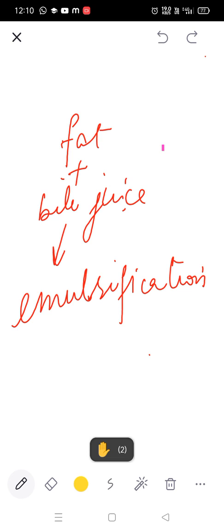It chemically breaks down proteins, fats, and carbohydrates. So this pancreatic juice breaks down carbohydrate, protein, and fats.